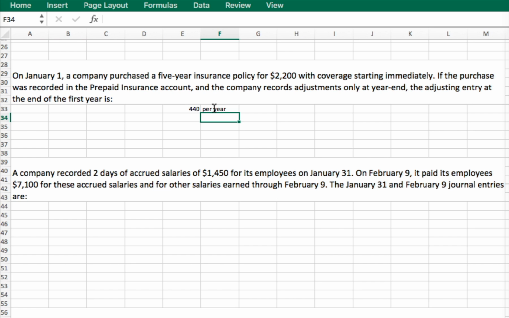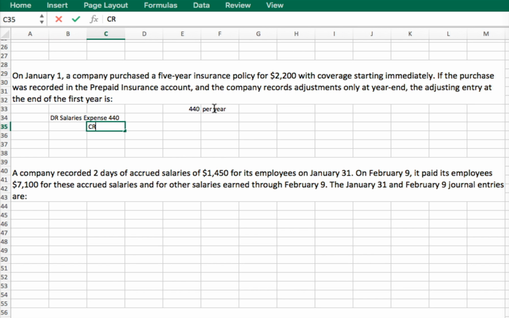Once I figured that out, then I just need to know what the journal entry looks like to plug that 440 in, right? So again, after we use up a year's worth, we want to recognize insurance expense for that amount, and we want to show that our prepaid insurance has been reduced. So to recognize expense, we debit some type of expense account. We know the amount's 440.